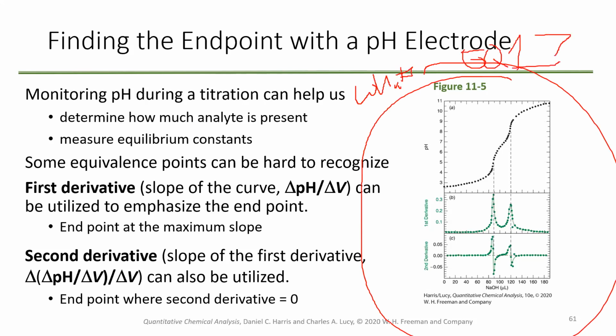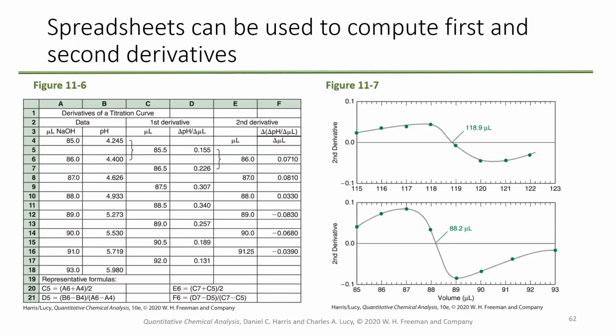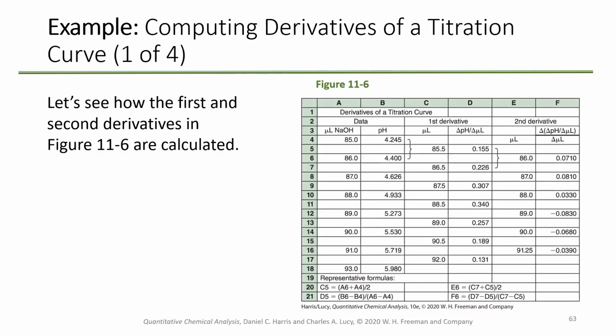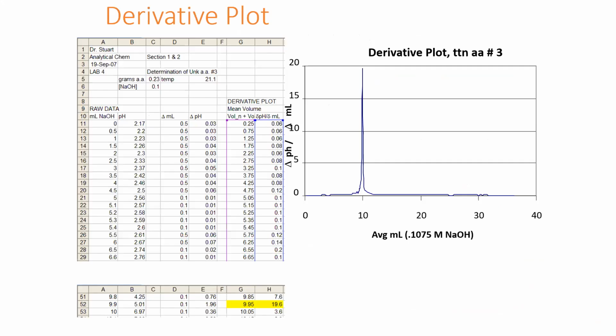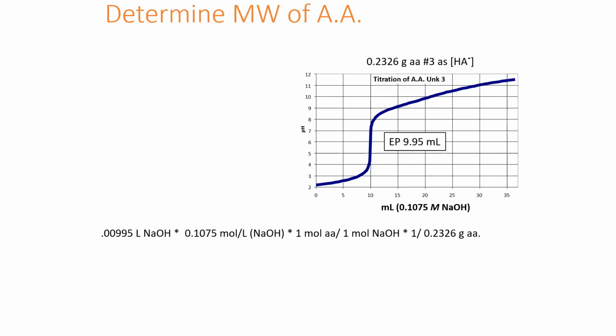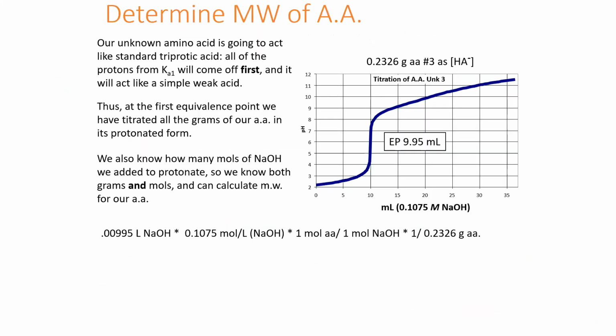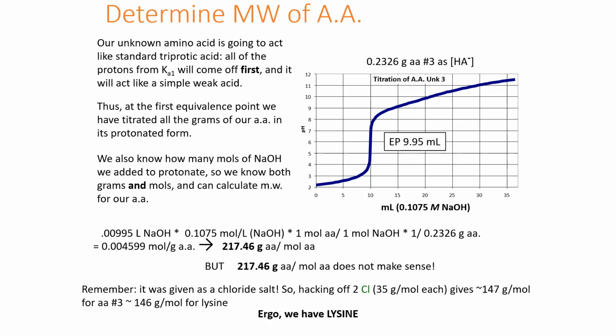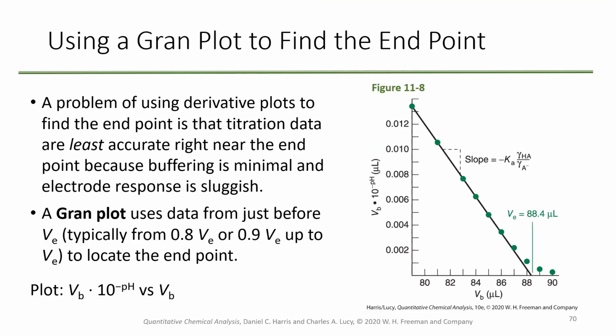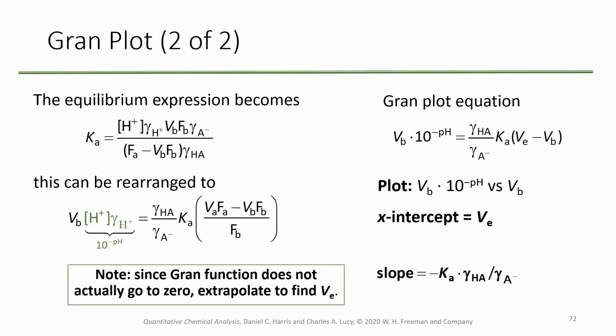What's EQ2? Right? That you could tell me. I'm not expecting you to be able to generate this on the fly. And real world data is often not nearly as nice as that. And I'm not going to ask you about a Gran plot.